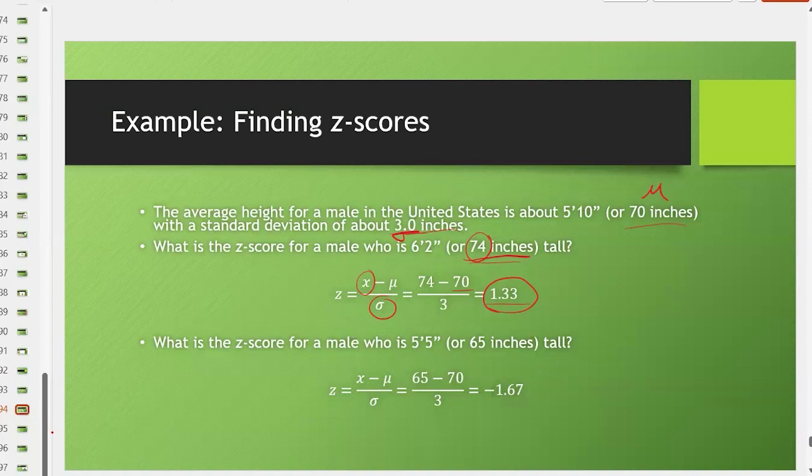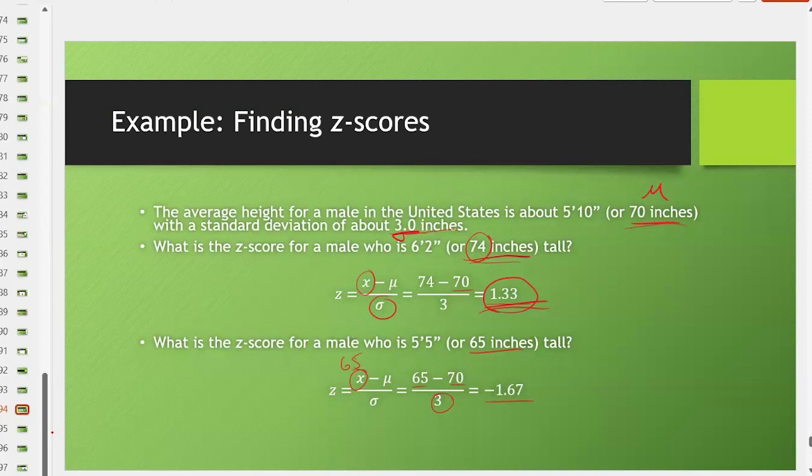And now the good thing about z-scores is the position is the same regardless of whatever data values we're calculating. We can do this for all sorts of different types of data, and still say the same things about a data value that's positioned with a z-score of 1.33, or 1.33 standard deviations above the mean. If we wanted to find one for someone who is 65 inches tall, we would do 65 minus 70, the value we're interested in minus the population mean, divided by the standard deviation, and we would get a z-score of -1.67.